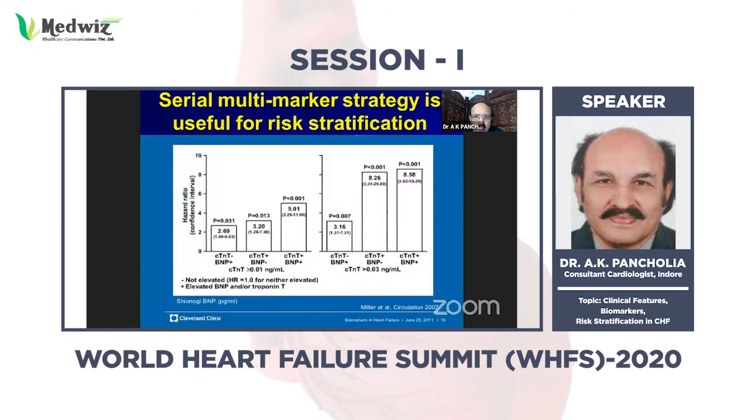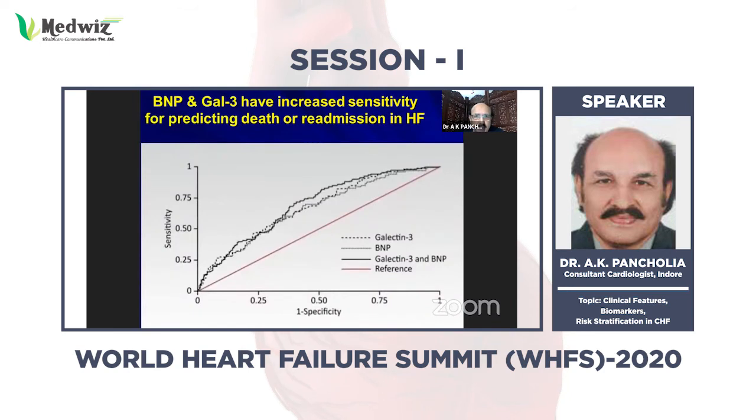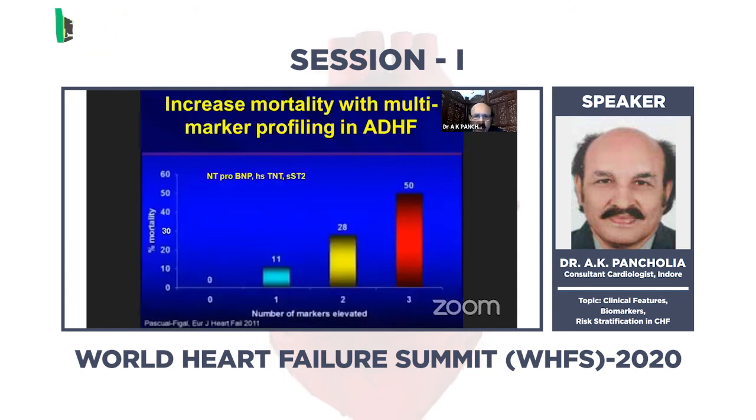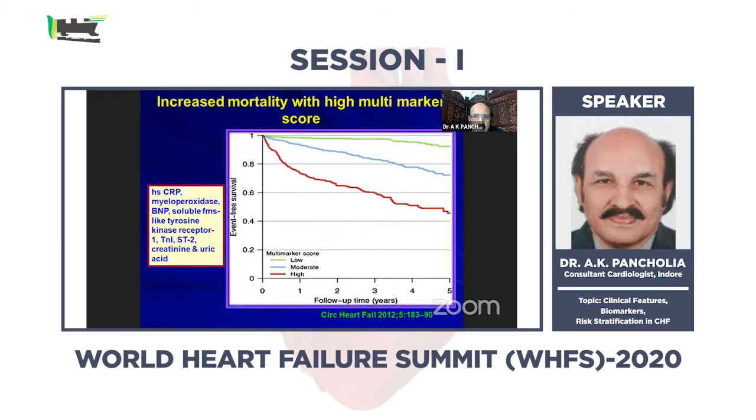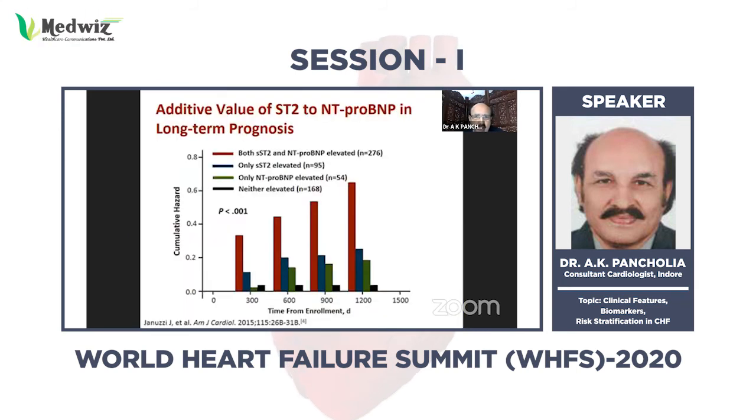They are also useful for risk stratification, and BNP and Galectin 3 have increased the sensitivity for predicting death or readmissions in heart failure patients, and increased mortality with the multi-marker profiling in acute decompensated heart failure, and increased mortality also with the high multi-marker score, and the additive value of ST2 plus NT-proBNP in the long-term prognosis has also been documented.